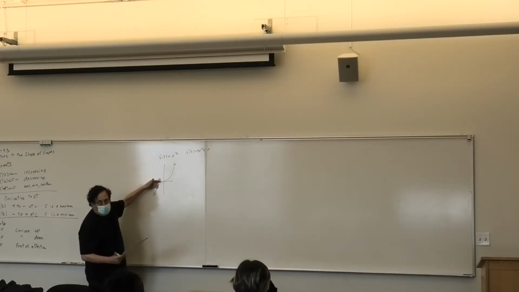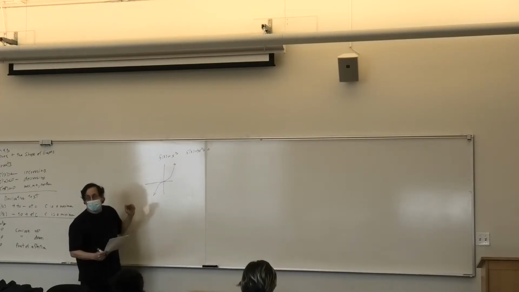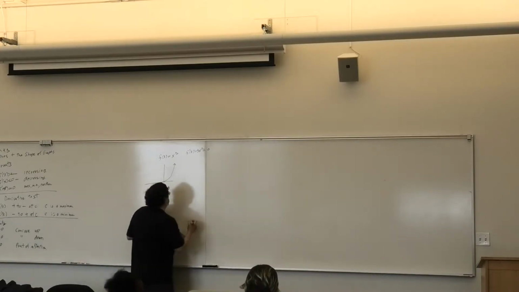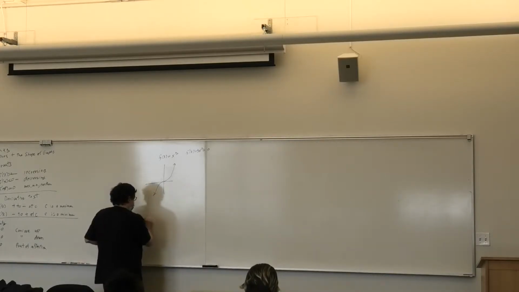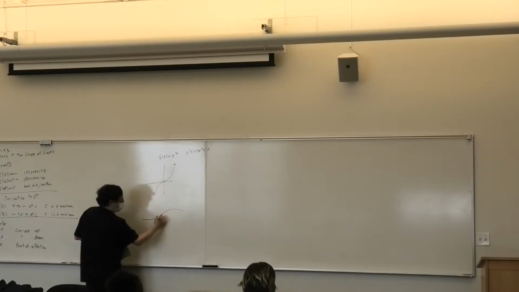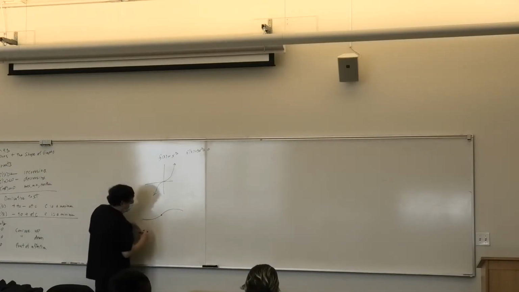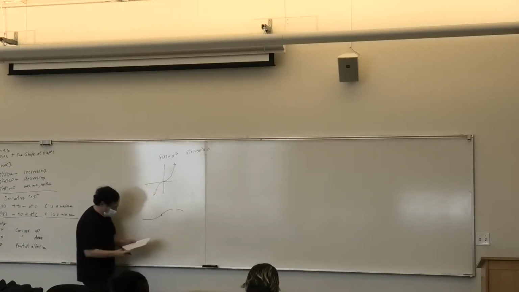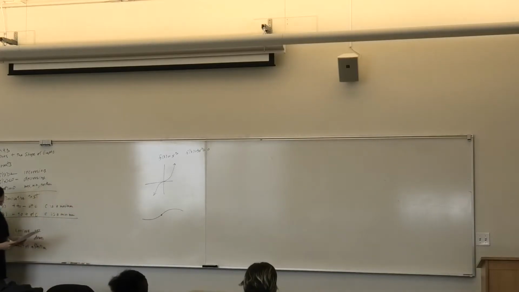It just happens to have a derivative of 0 at that point, but it doesn't have to. We'll see graphs that look like this, where the derivative is not 0, but you have a point of inflection where the concavity is changing. I think I'm waking up.